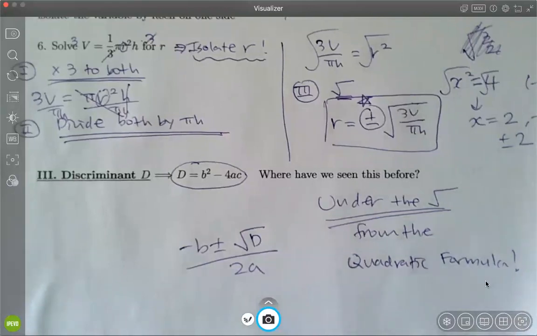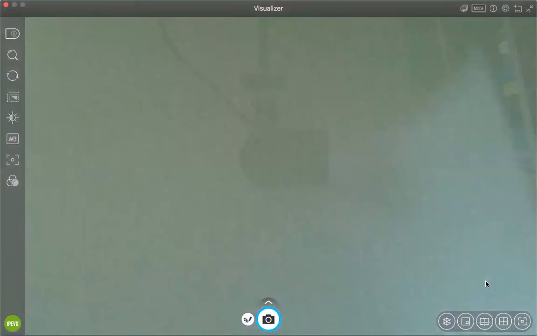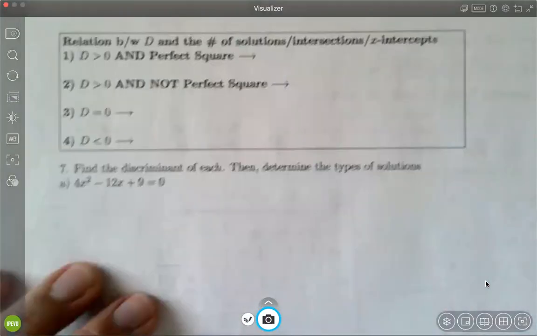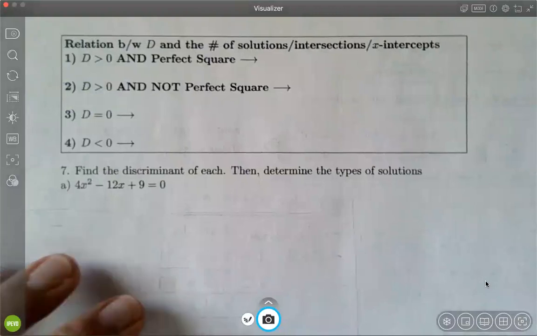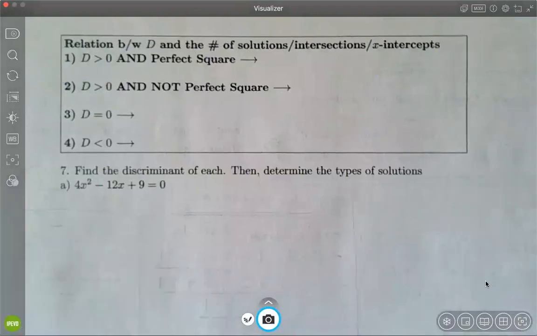Here is the fact about the relationship between the discriminant D and the number of solutions. There are three cases. Number one, positive discriminant. Number two, zero discriminant.